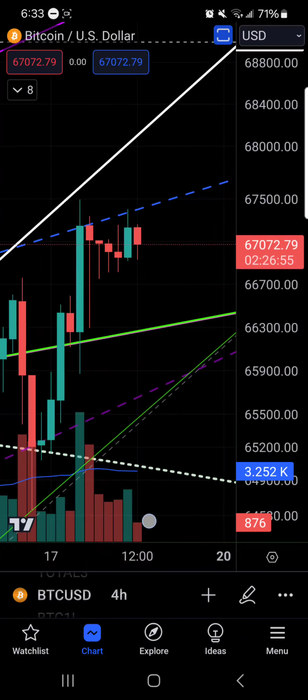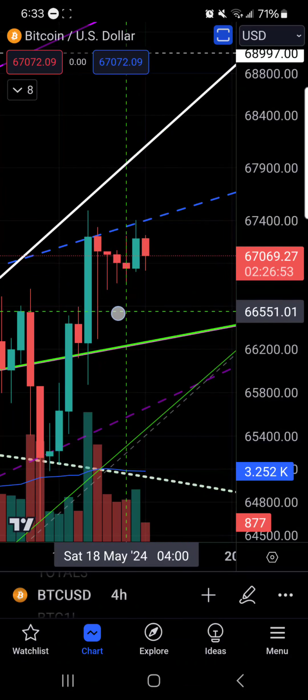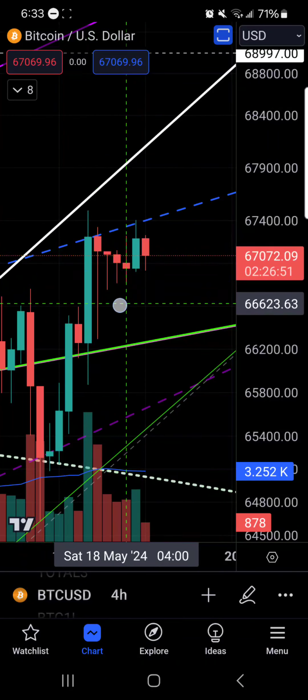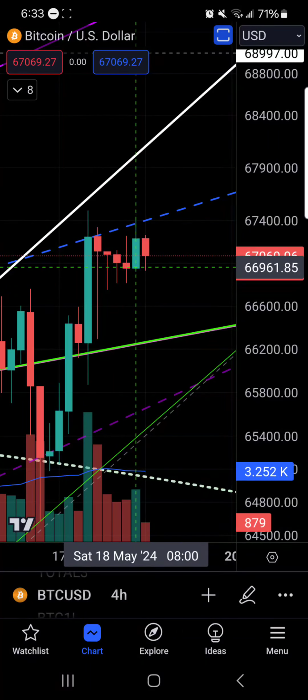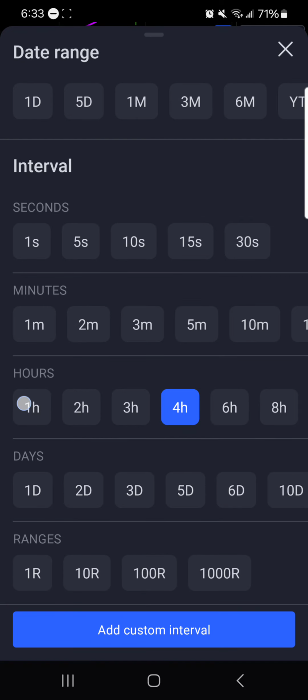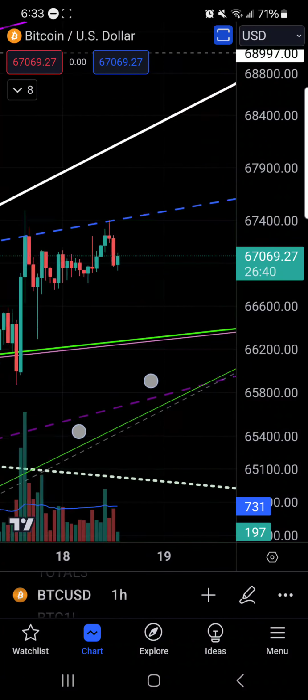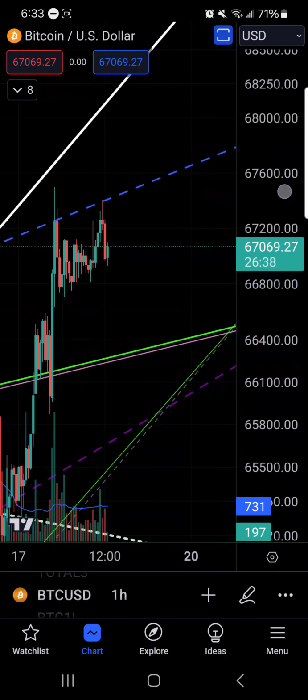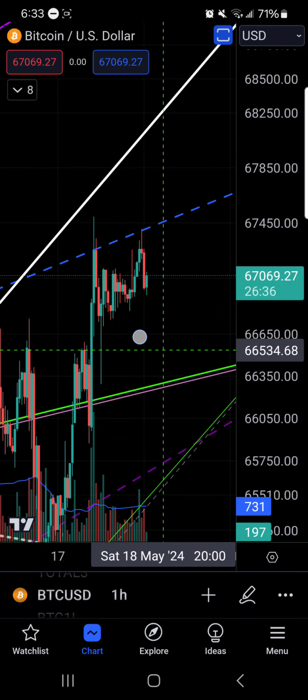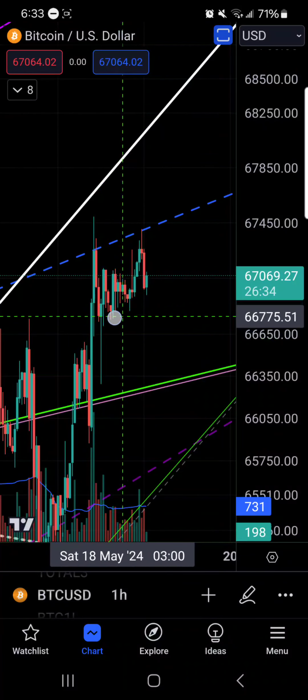So we're on a 4-hour chart now, but I noticed a triangle pattern forming here. So we're on a 4-hour, let's switch to a 1-hour. And it's the weekend, so I'm like, what are we going to do with this triangle that we're forming here?